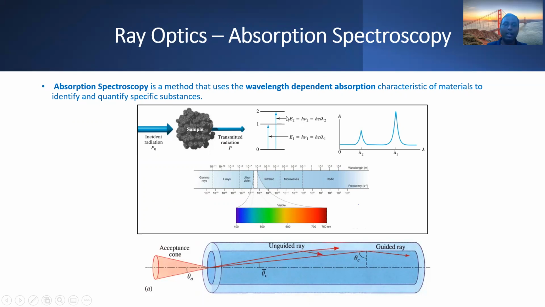So what we can correlate here is that the energy level is inversely proportional to the wavelength. For a higher wavelength, the energy level will be lower, and for a lower wavelength, the energy level will be high.